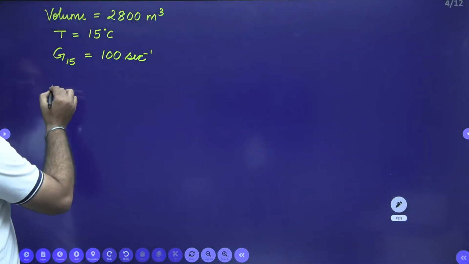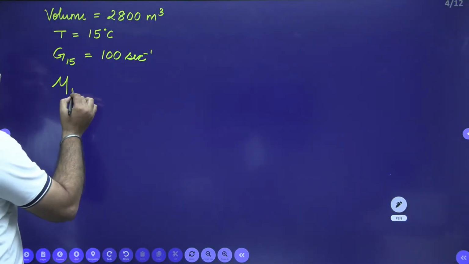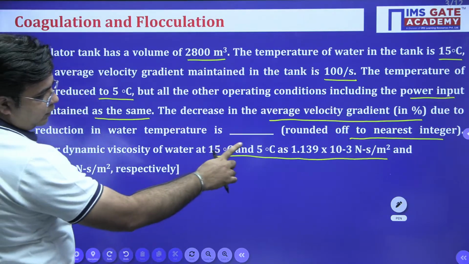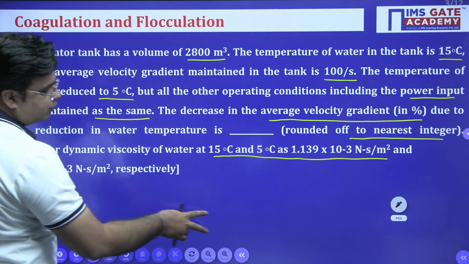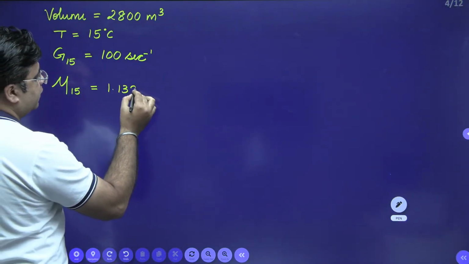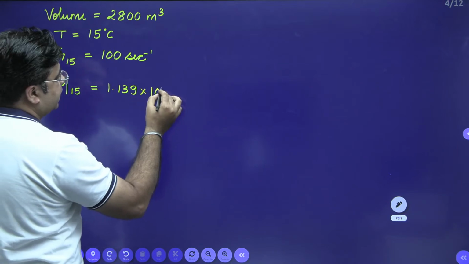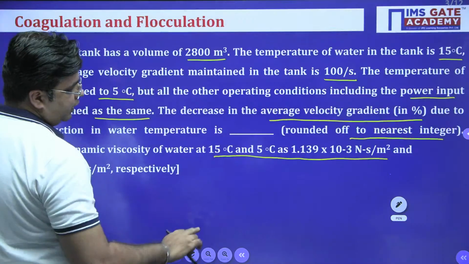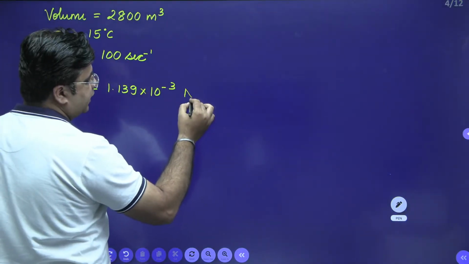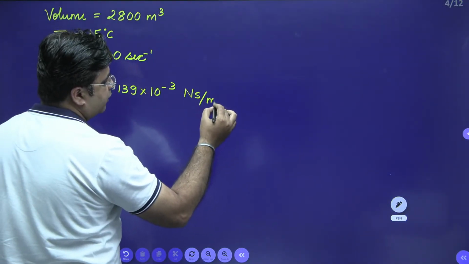G is given to us, then dynamic viscosity at 15 degrees Celsius is 1.139 into 10 raised to the power minus 3 Newton second per meter square.